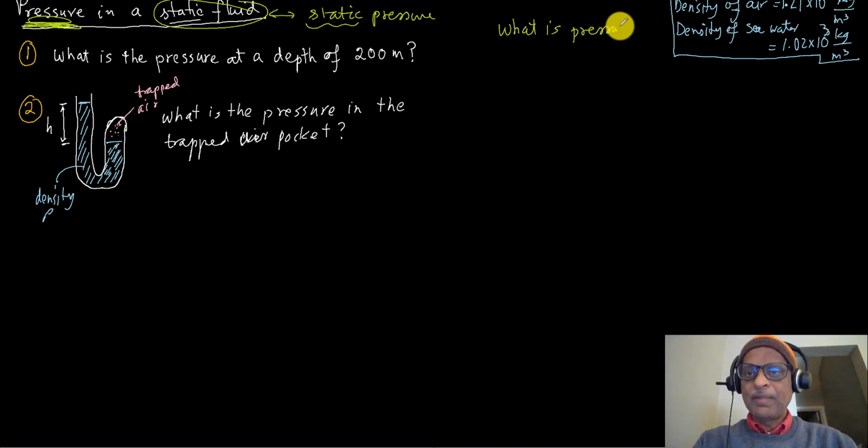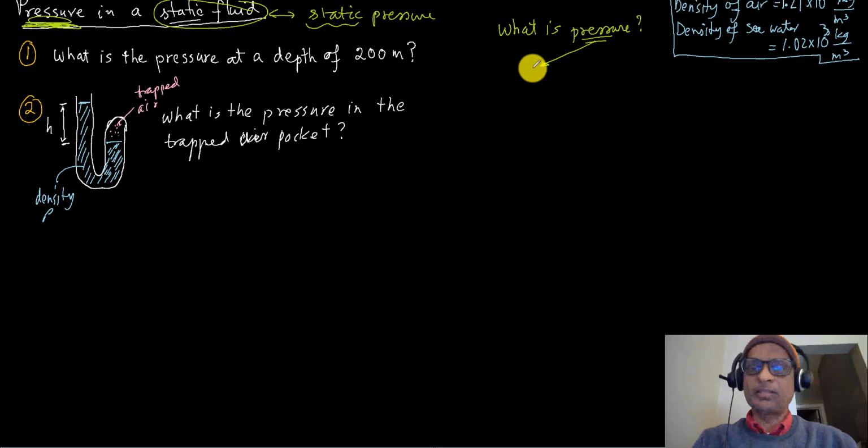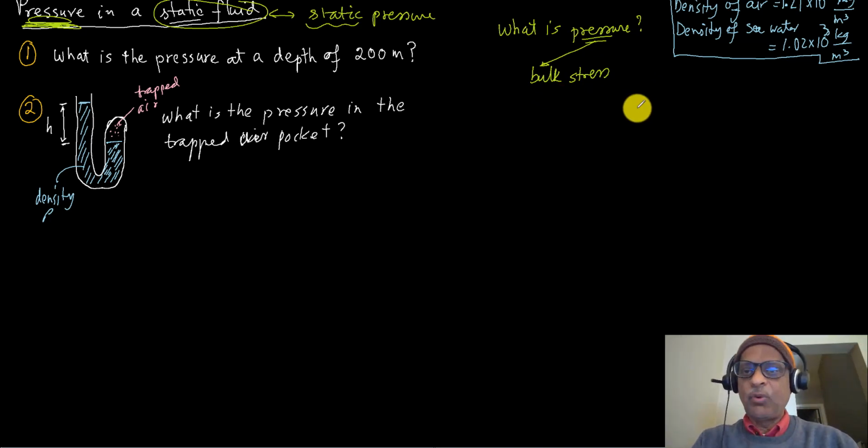So the pressure is a name for bulk stress, meaning stress at a point.